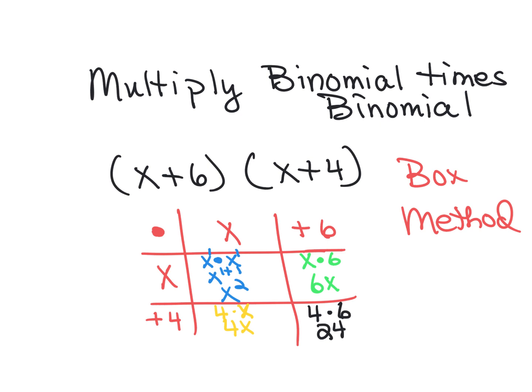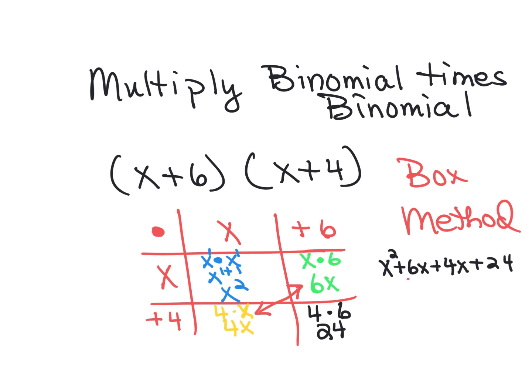Now, to get my answer, I'm going to write this out. I have an x squared plus 6x plus 4x plus 24. You are always going to look for like terms, and you are going to have like terms along this diagonal.